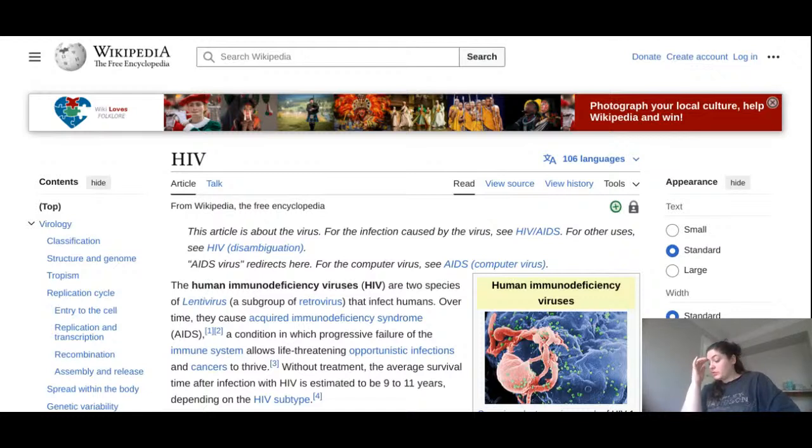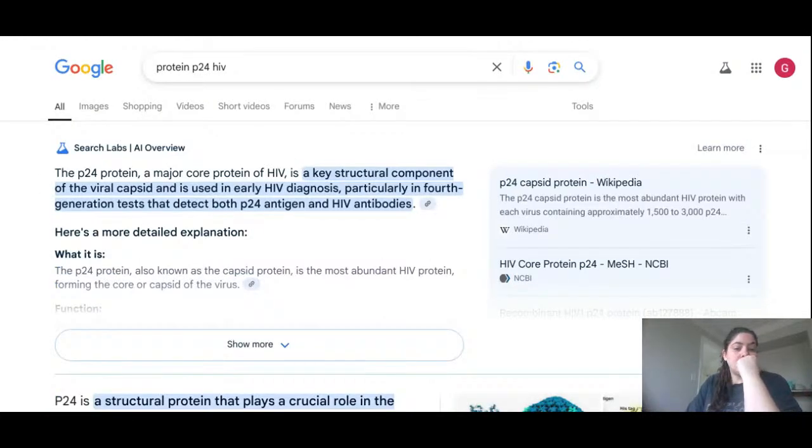We can say that it's a protein, but really it exists because... There's a structural component of the viral capsid that is used in early HIV diagnosis, particularly in fourth generation tests to detect both major core.